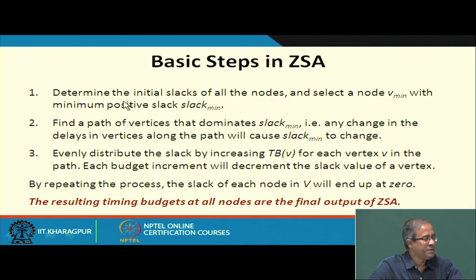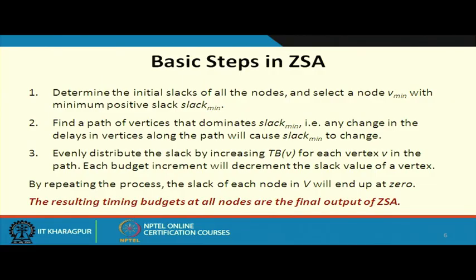Well, here I am assuming that the slack values are all positive, because if a slack value is negative, I am not touching that, because negative slack values can be handled after this timing analysis by using some geometric modification to the layout. Okay. Once we have found a vertex V min with the minimum positive slack, you find a path.